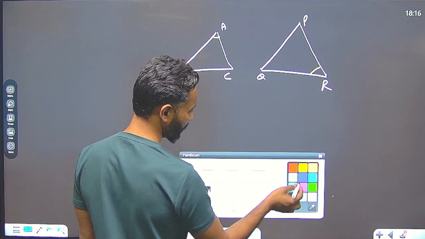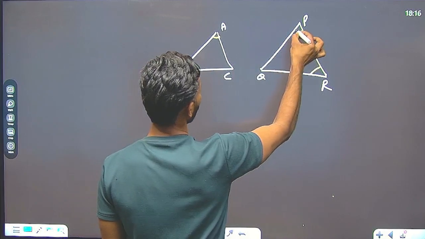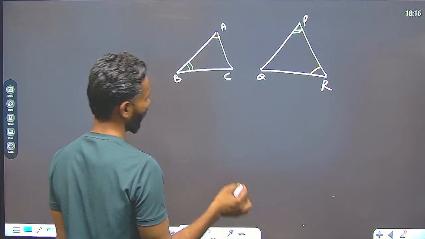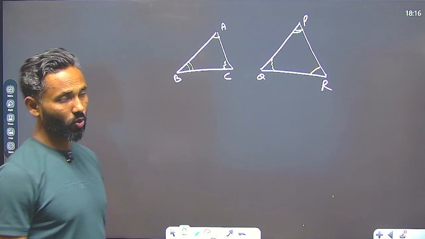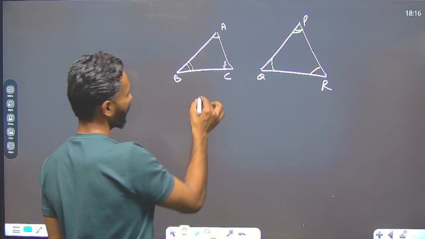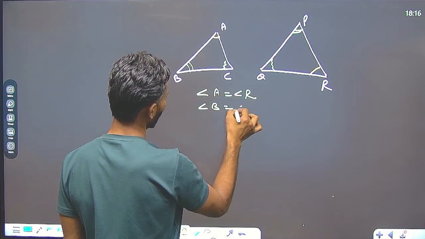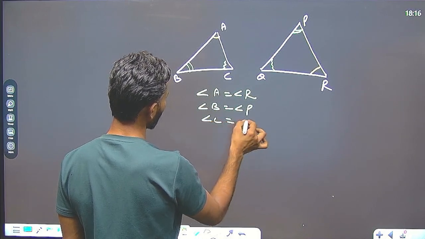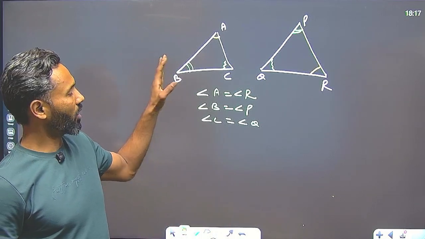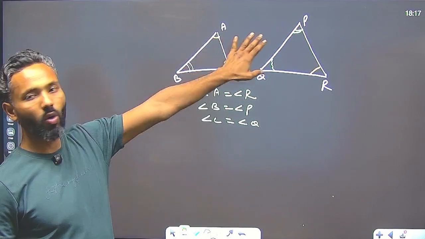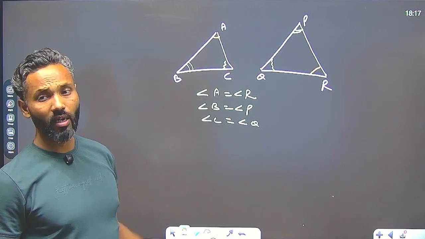Now I'm saying that angle B of triangle ABC is equal to angle P of triangle PQR, and the third angle C is equal to angle Q. So angle A is equal to angle R, angle B is equal to angle P, and angle C is equal to angle Q. We can clearly see that all three angles of the first triangle are equal to all three angles of the second triangle. So in that condition, we can say both triangles are similar.